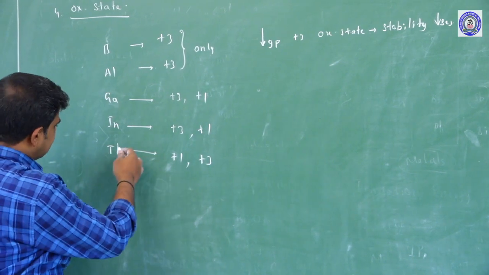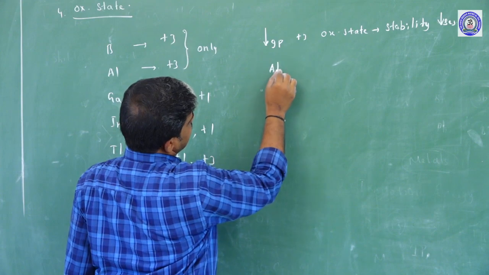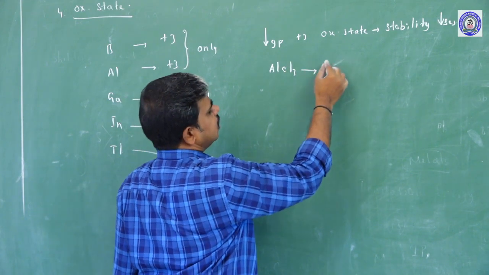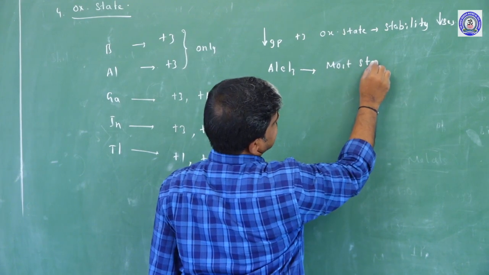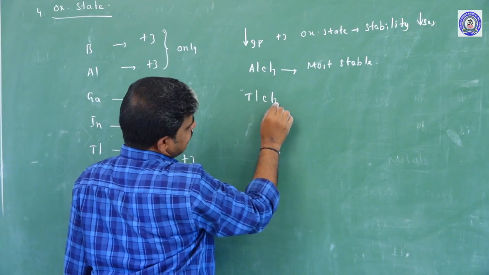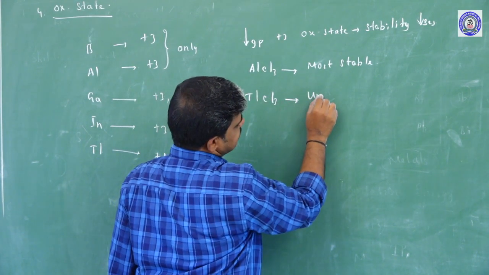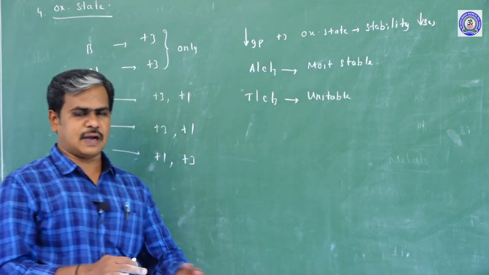Taking it another way, AlCl3 is most stable, but TlCl3 is unstable. TlCl3 is unstable. Why?